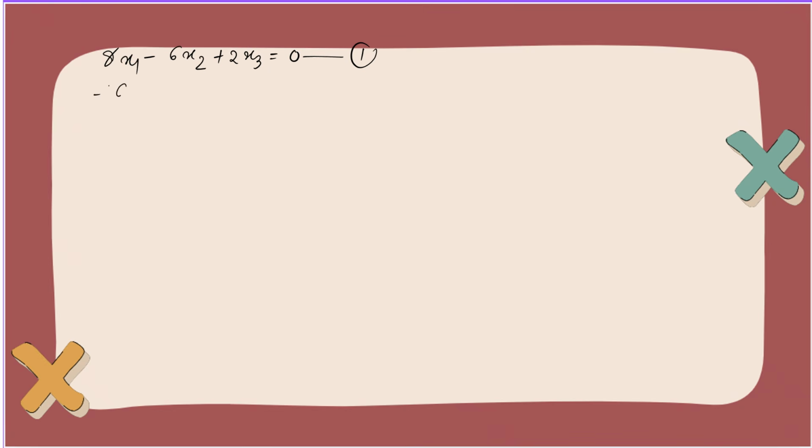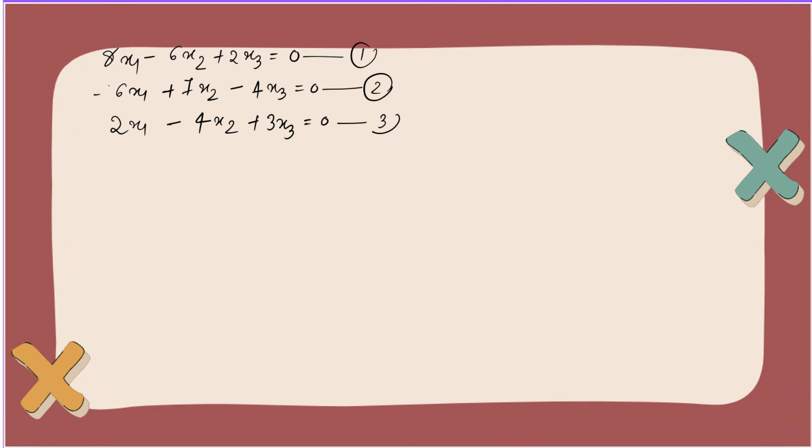The second equation is minus 6x1 plus 7x2 minus 4x3 is equal to 0, equation 2. The third equation is 2x1 minus 4x2 plus 3x3 is equal to 0. This is your third equation.